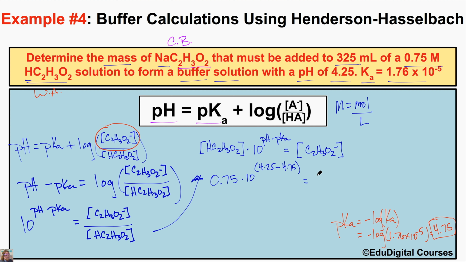And this is going to equal the concentration of our conjugate base, C2H3O2 minus.